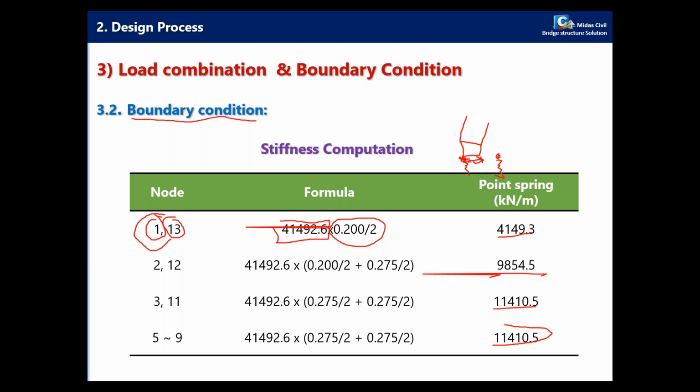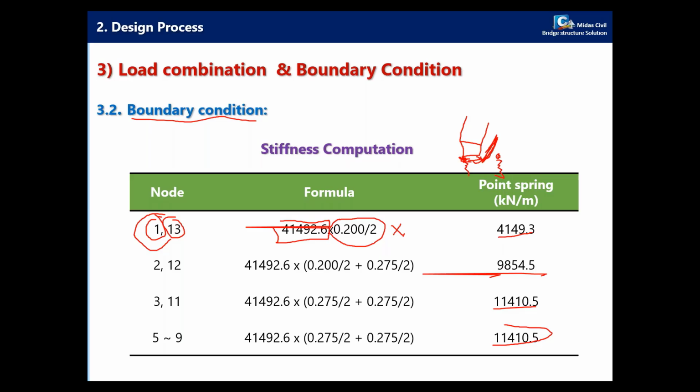You are going to take this distance times the distance in this direction, and this distance is 1 meter, the section we took. The section we are going to use in the design is 1 meter in this direction, so here you need to multiply by 1 meter.